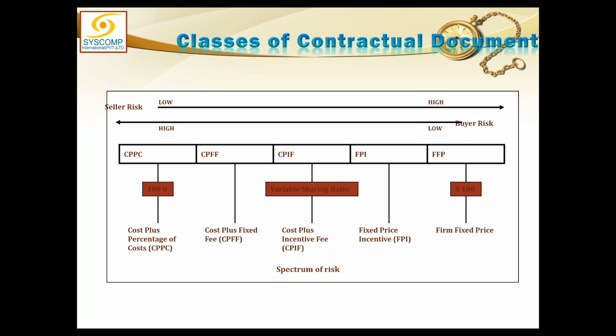There are various types of contracts, and the most ideal type of contract which shifts the whole effect of the risk onto the contractor is called firm fixed price. In that, I first calculate, I am trying to construct a house, I first calculate how much will it cost me if I do make it myself.